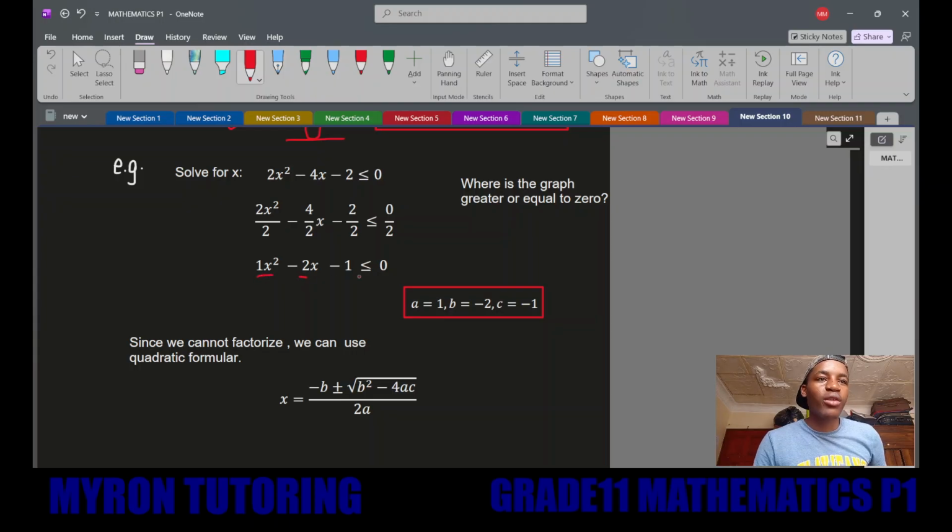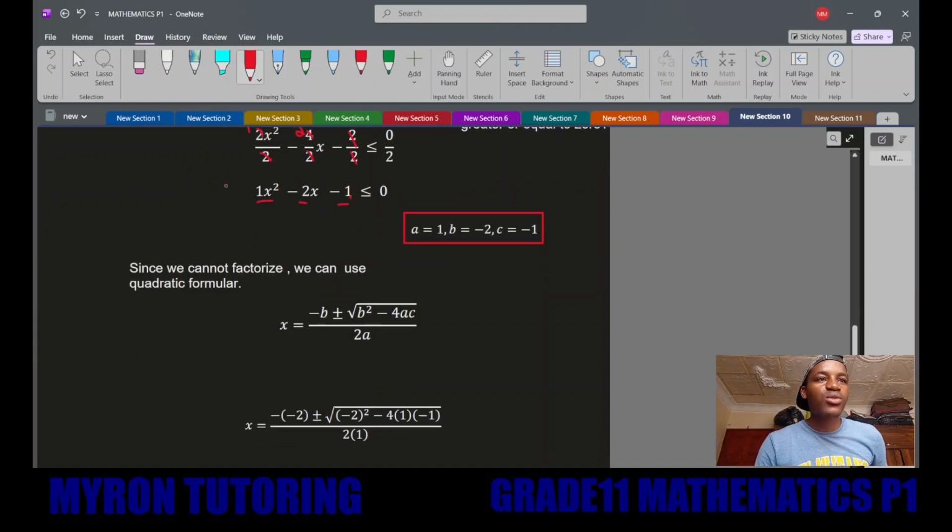Then we have minus 2 and minus 1. 2 goes into 2 once, 2 goes into 4 2 times, then 2 goes into 2 once. Then we have 1x squared minus 2x minus 1 is less than 0.